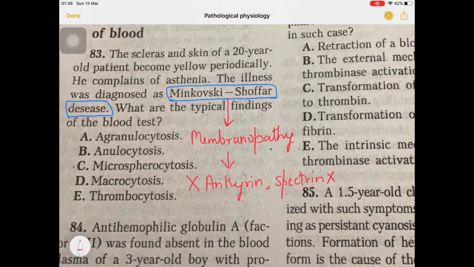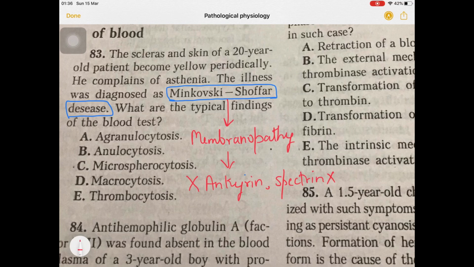So what can be the answer over here? Now look, what is the main role of the ankyrin and spectrin proteins on the membrane of the RBC? They are maintaining the integrity of the RBC, the shape and size of the RBC. So if they are deformed, then what may happen further?